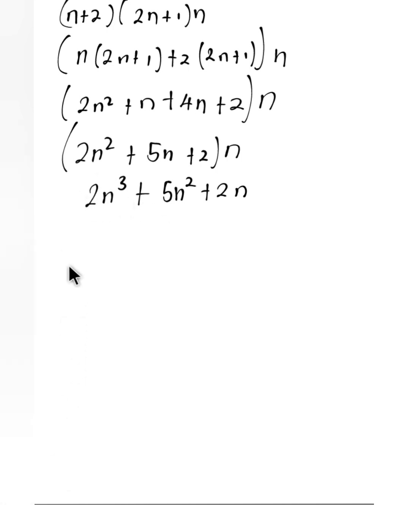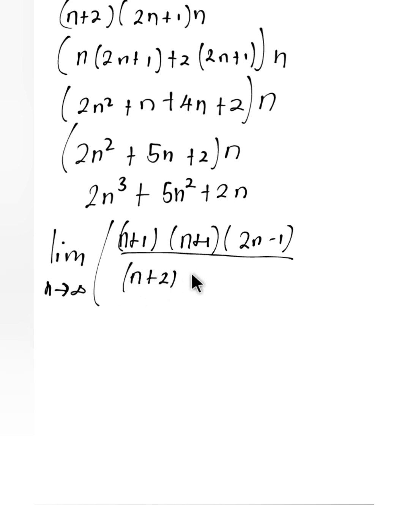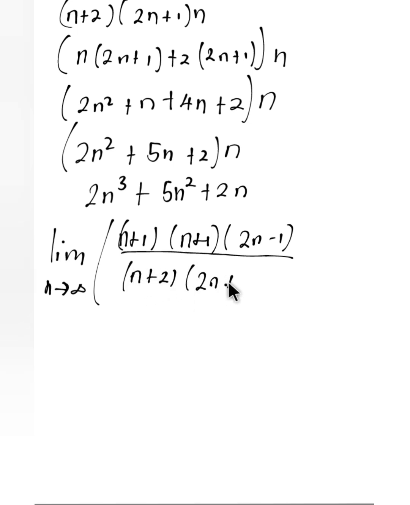So we actually stopped at the limit as n tends to infinity of n plus 1 into n plus 1 into 2n minus 1 all over n plus 2 into 2n plus 1 into n. This was where we stopped. Now we have simplified the numerator and the denominator.